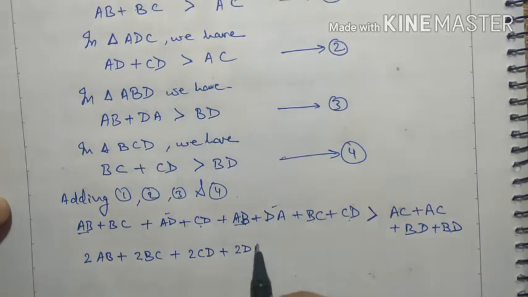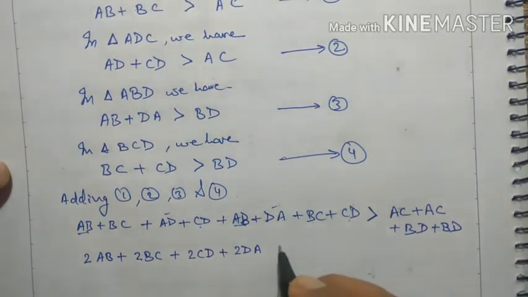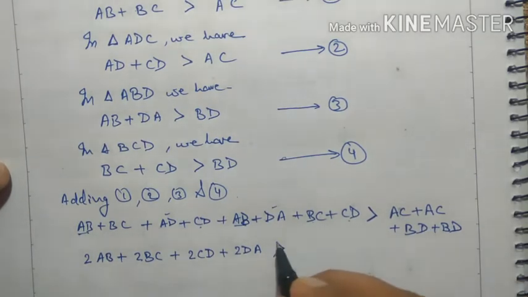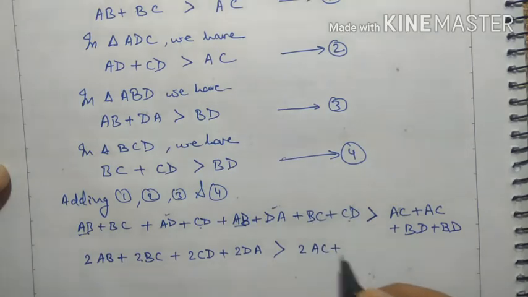Okay, so we have added the LHS. Now that must be greater than the RHS, and the RHS is AC plus AC, twice of AC, plus twice of BD.